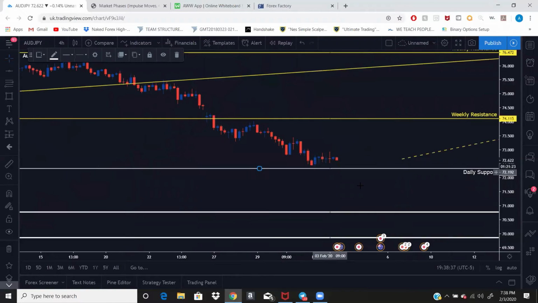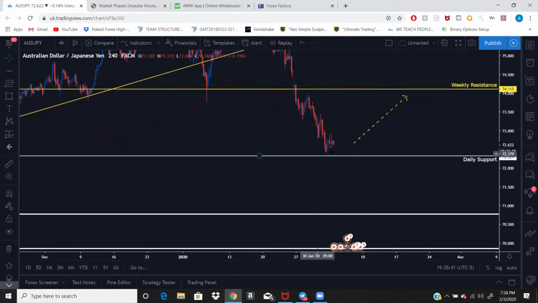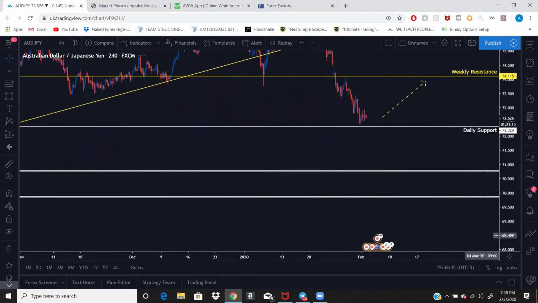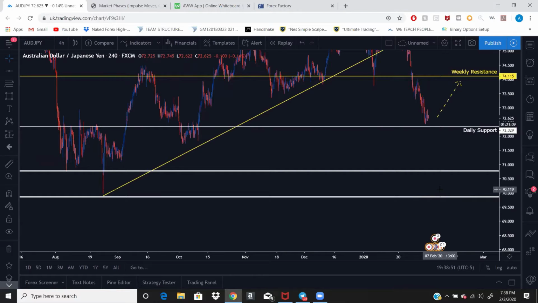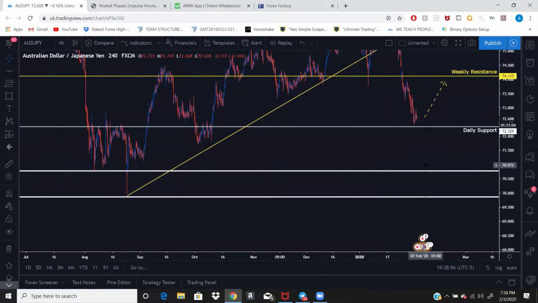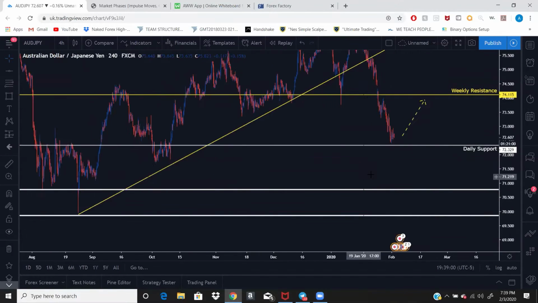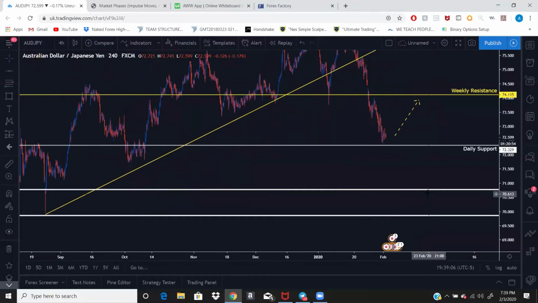Unless the news are good for AUD, this support is not going to hold at 72,329. And if that doesn't hold, this pair is going to drop another 150 pips. That's just very clear, because it will have to come back to this weekly demand zone. There won't be interest in the market of buying it prior to falling back down all the way.